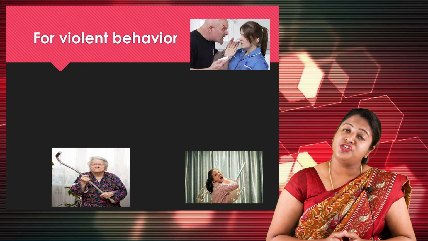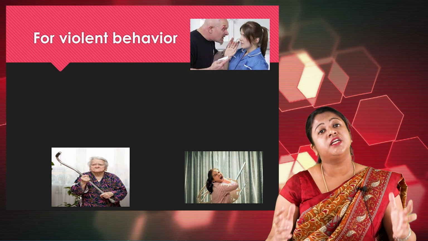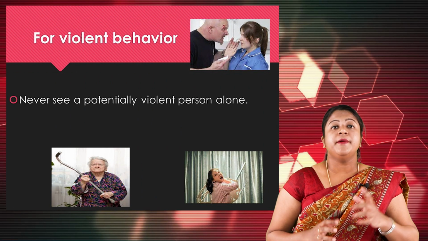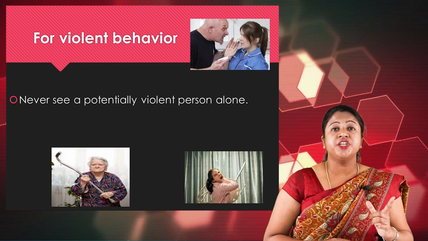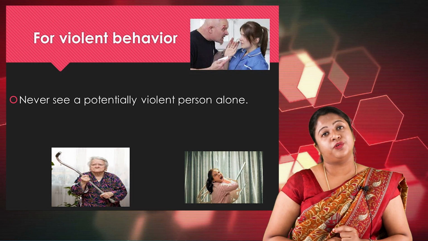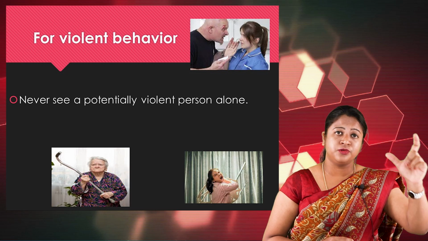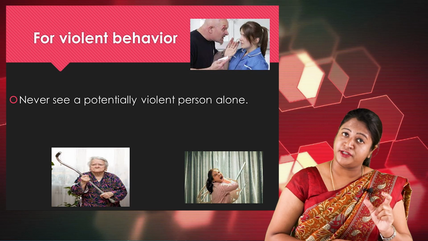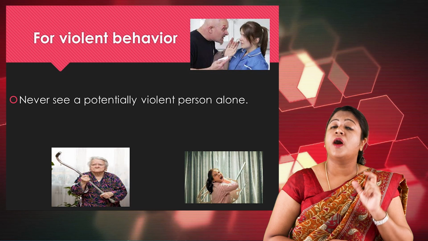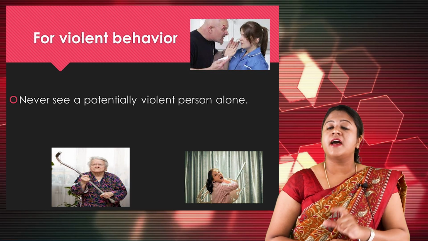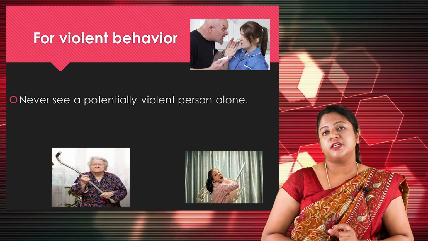Moving on to the interventions for violent behavior. What are the interventions that you can plan? Number one, never see the potentially violent patient alone. Whenever you know that there is a patient who is violent, don't ever go alone. Always have other health team members with you.